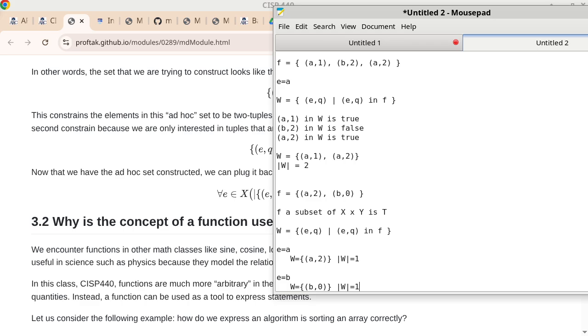So this particular F is meeting both requirements, and as a result, this particular F is indeed a function mapping from X as defined earlier to Y as a codomain also defined earlier.